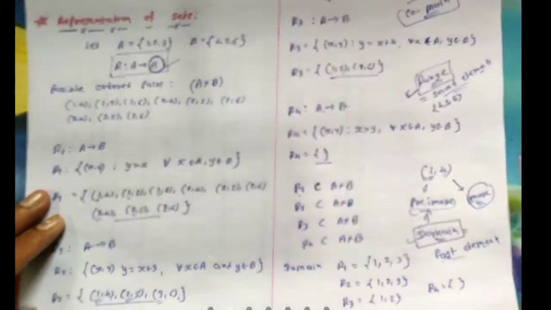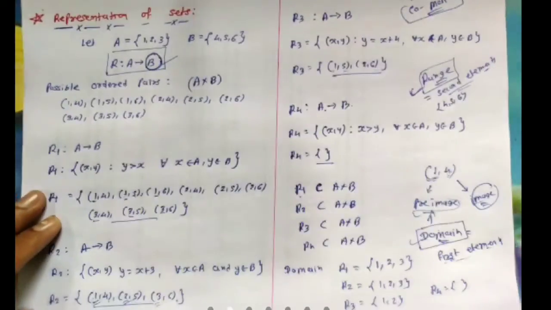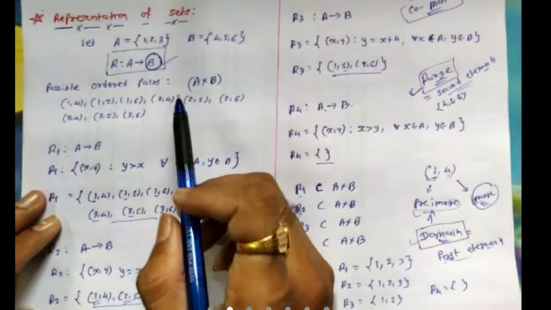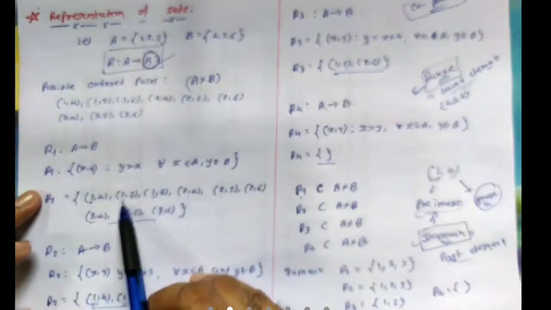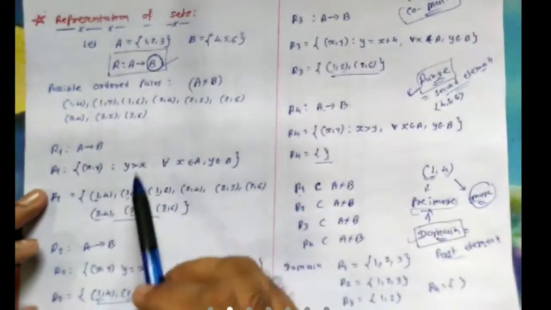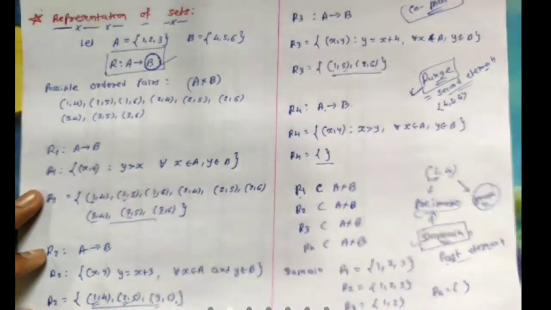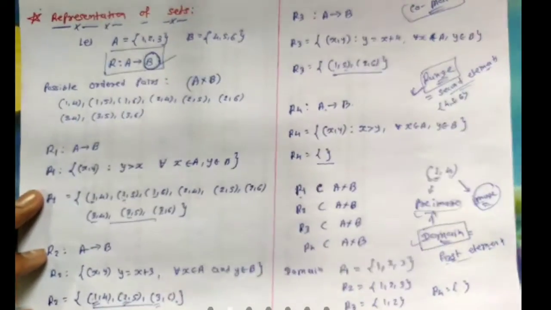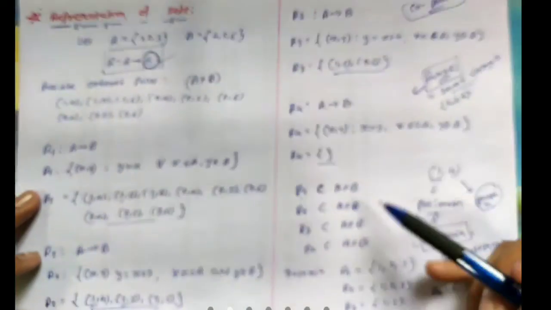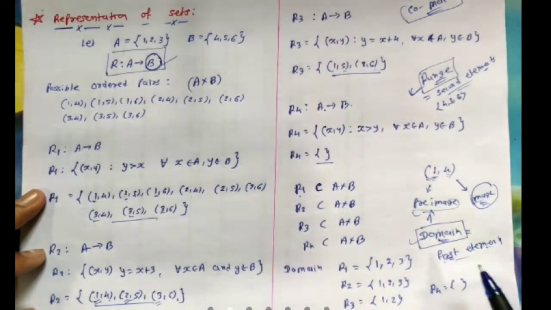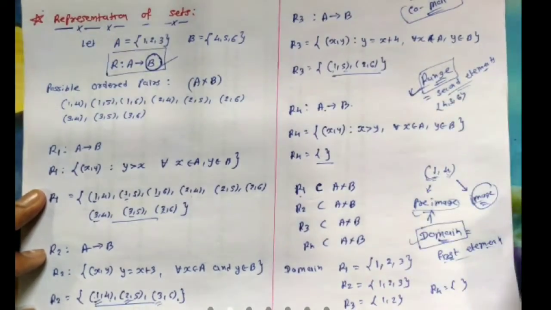The second set is known as codomain of the relation. Clear? So for all these four relations R1, R2, R3, and R4, our codomain is set B. Clear? Our codomain is set B. Done? And for all four relations, our domain changes. Sorry, our range changes.